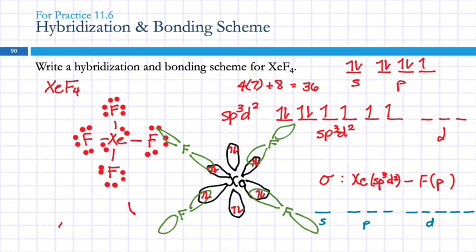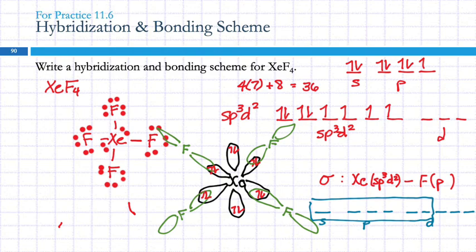I'm going to look at my number of electron groups to decide how many of these I'm going to throw into the blender. So here we needed 6 because there were 6 groups. So 1, 2, 3, 4, 5, 6. So I'm going to take 6 of them. What happens to these?